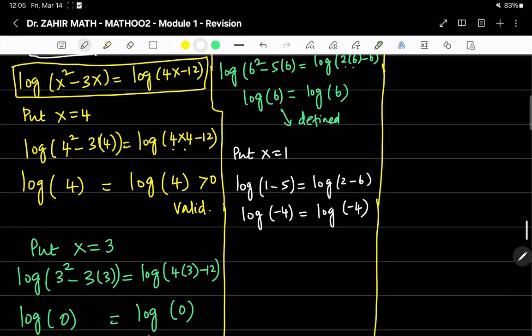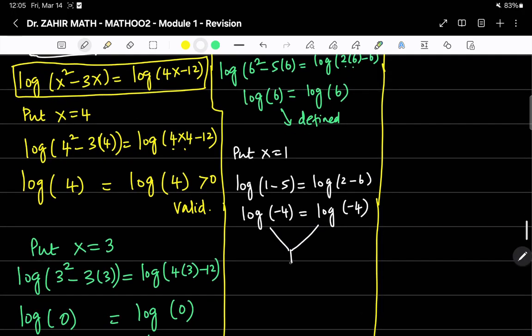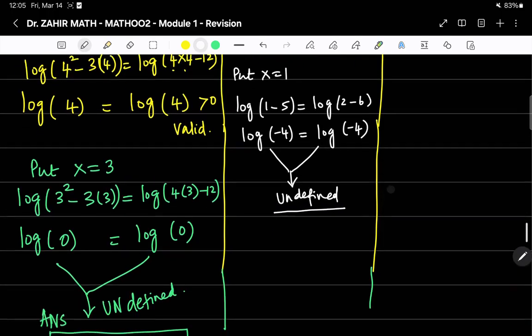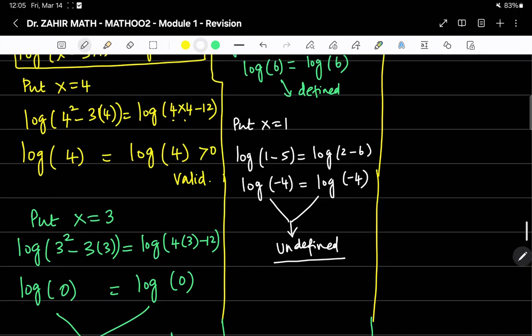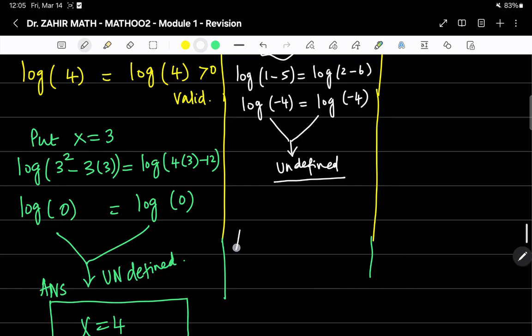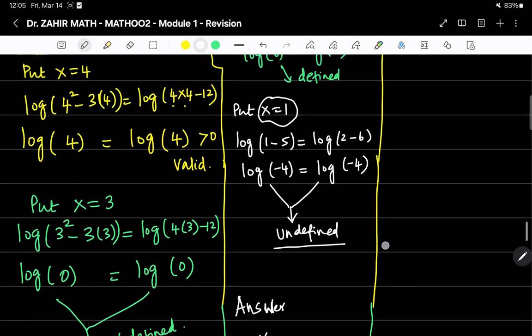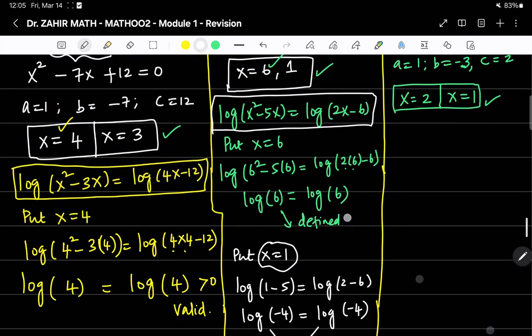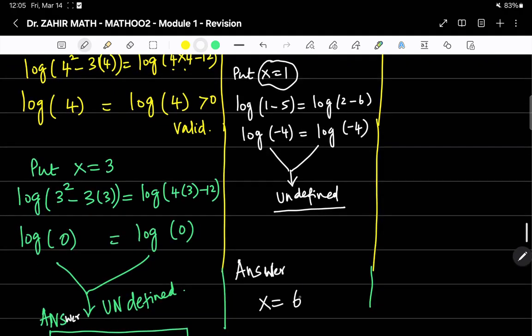I already told you log of any negative numbers, or ln of any negative numbers, is undefined. So if it is undefined, this is not going to be your solution. Your final answer is only one value, which is x is equal to, what value I checked? 6. So this is defined. So x is equal to 6 is the only answer.